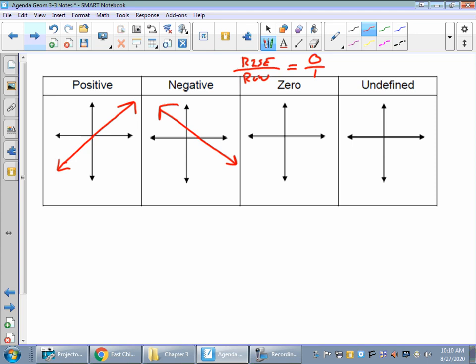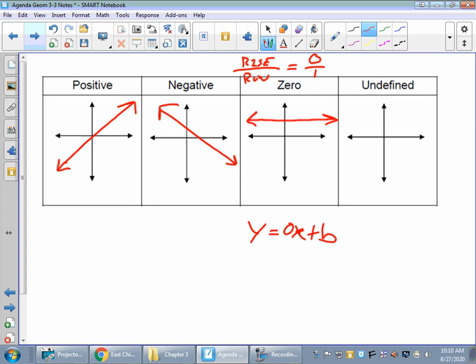For example, if you just had y equals 0x plus b in your slope-intercept form, that 0 means it's not going to go anywhere in rise or run. So it would be a 0 in your rise, which means it's just going to be a horizontal line. That's like number 3 on the example from the page before.